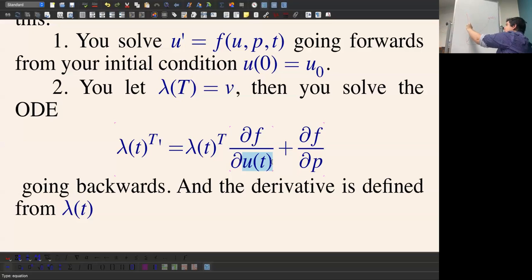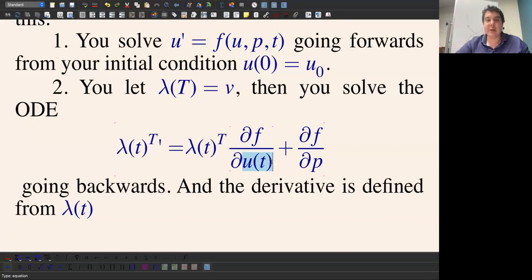At every single step of the way, you have to use df/du. So in order to calculate the derivative of f at the point u, you have to remember this value right here. You have to be able to say, oh, u of t was this value right here, so let me use it.